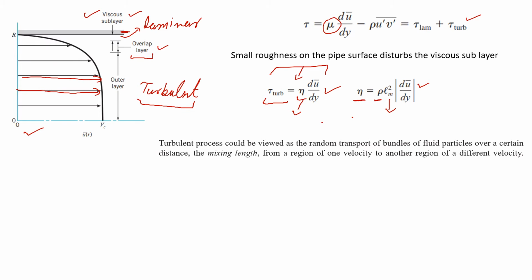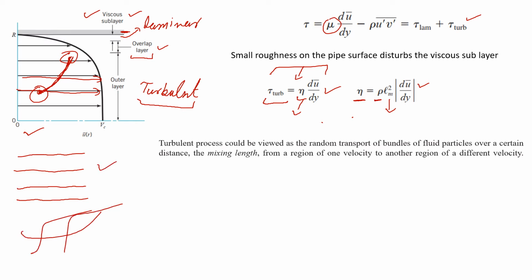So the fluid particles actually travel from one layer to another in bulk, and the distance they cover from one point to another is called the mixing length. Because as you can see, in laminar flow the streamlines are actually parallel to each other. That is a laminar flow. But in turbulent flow, the streamlines are not parallel to each other, but they are mixing.